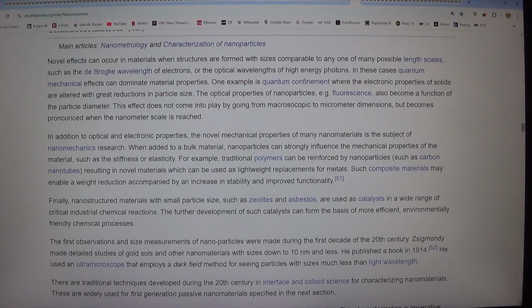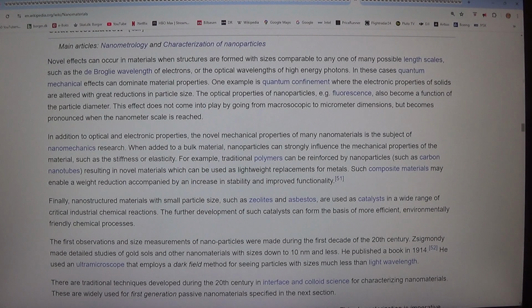This effect does not come into play by going from macroscopic to micrometer dimensions, but becomes pronounced when the nanometer scale is reached. In addition to optical and electronic properties, the novel mechanical properties of many nanomaterials are the subject of nanomechanics research.